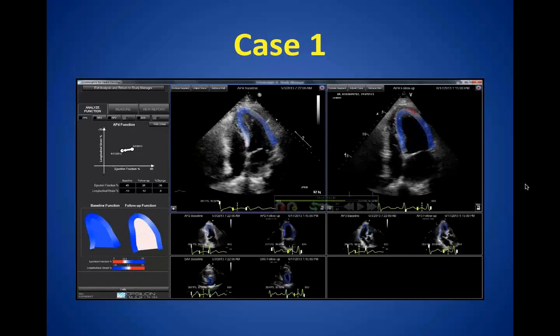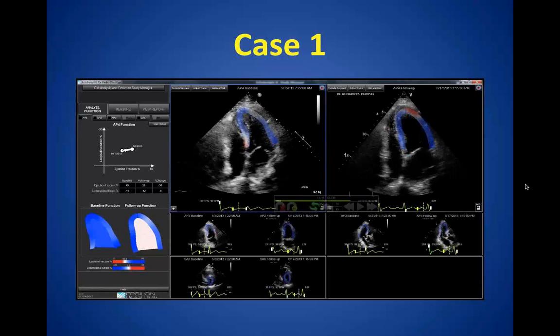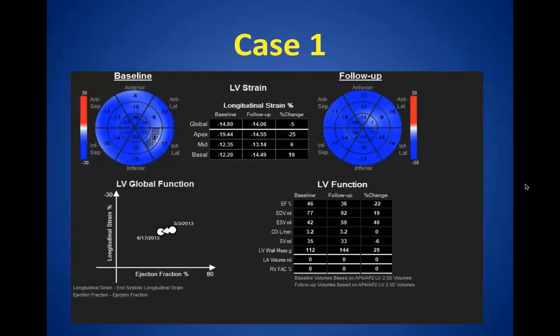The ejection fraction decreased, as well as the strain, which should follow a decrease in ejection fraction. The change is again seen here on the bullseye plot, as well as the LV global function plot, in which we see the decrease in both the ejection fraction and the strain numbers between pre and post 7+3 treatment.